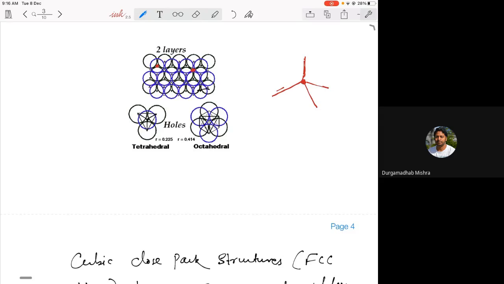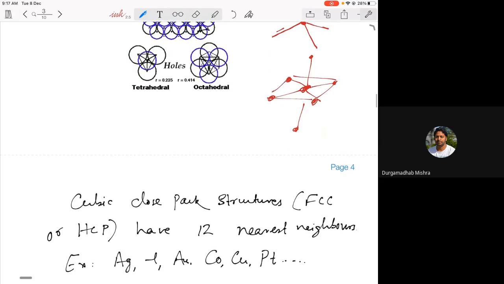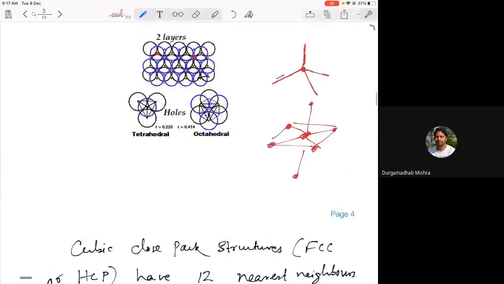You also have an octahedral geometry, so this atom here will be an octahedral site or octahedral geometry. So you can fit smaller atoms or ions in these voids.